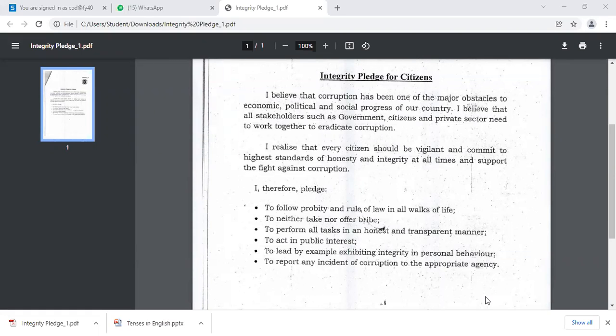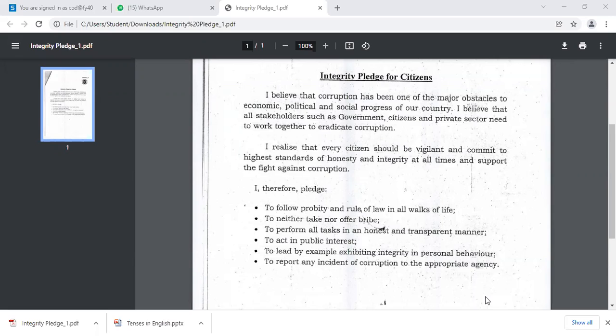So we have to take this pledge, we have to stay away from corruption. That's why the government has given it to us. We have to just follow these manners in our life to avoid corruption. So this is the integrity pledge for the citizens.